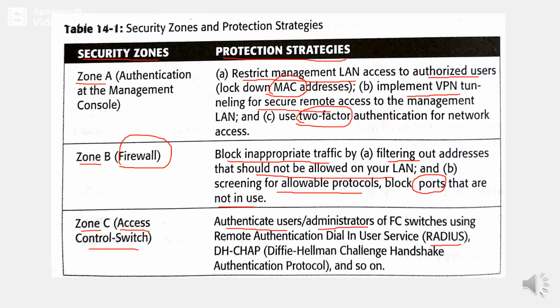Also we can consider the Diffie-Hellman challenge handshake protocol and so on. So we can provide authentication between the user as well as the administrator of the FC switches using RADIUS or DH-CHAP, that is Diffie-Hellman challenge handshake protocol.